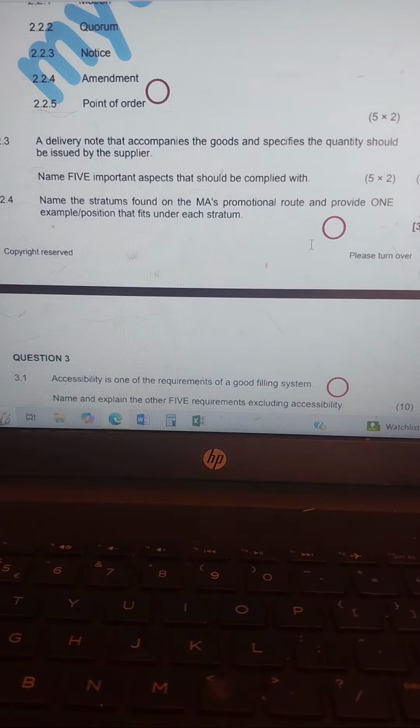Number 2, the delivery note is included in the order. Number 3, upon receipt of the goods, the content and the quantity are checked against the delivery note. Number 4, the receiver acknowledges a receipt by signing the delivery note. Number 5, the delivery note received must be checked against the buyer's order before payment is made. Those are the 5 important aspects.